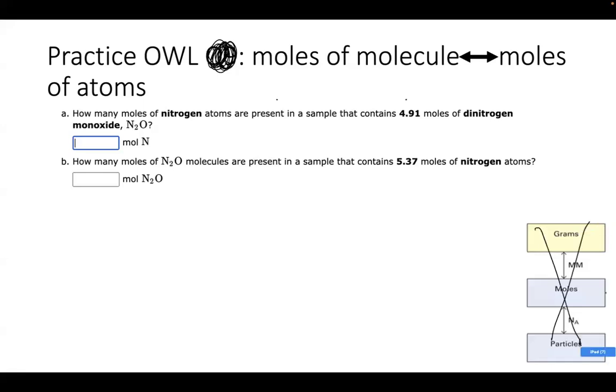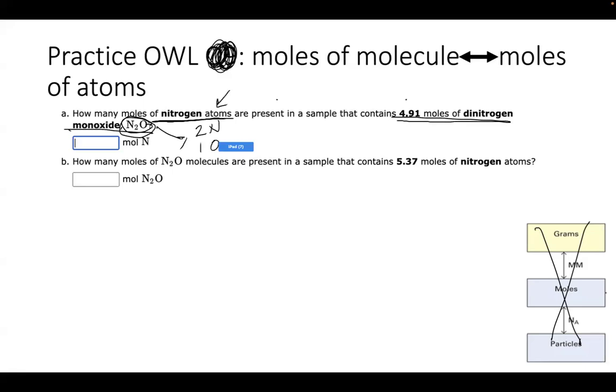We don't need anything from over here, because when we go from moles of the entire compound to moles of a single atom in that compound, all we need to know is how the structure is made up. So in dinitrogen monoxide, there's 2 nitrogens and 1 oxygen.